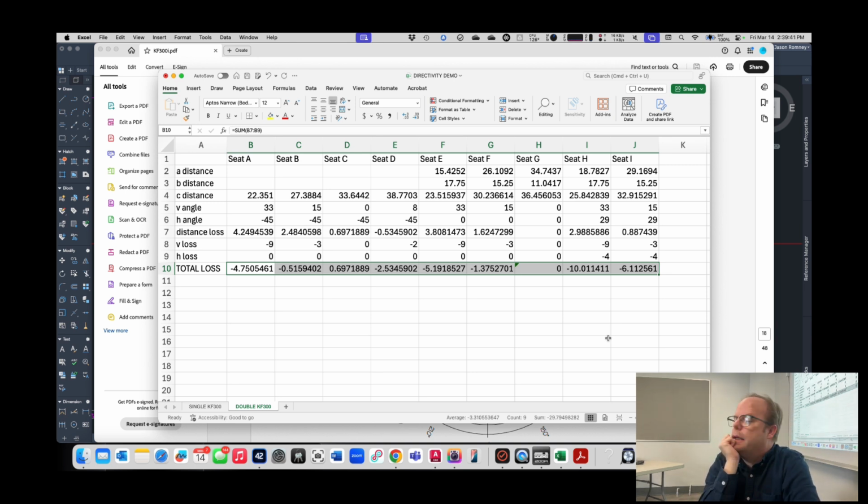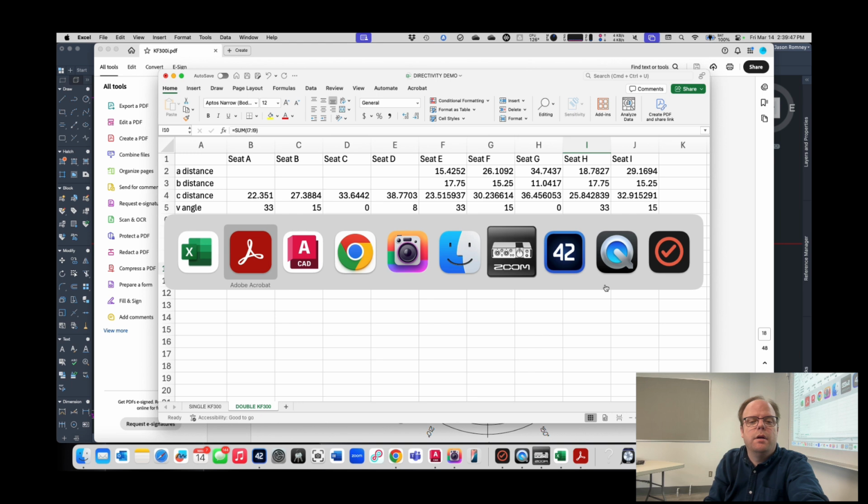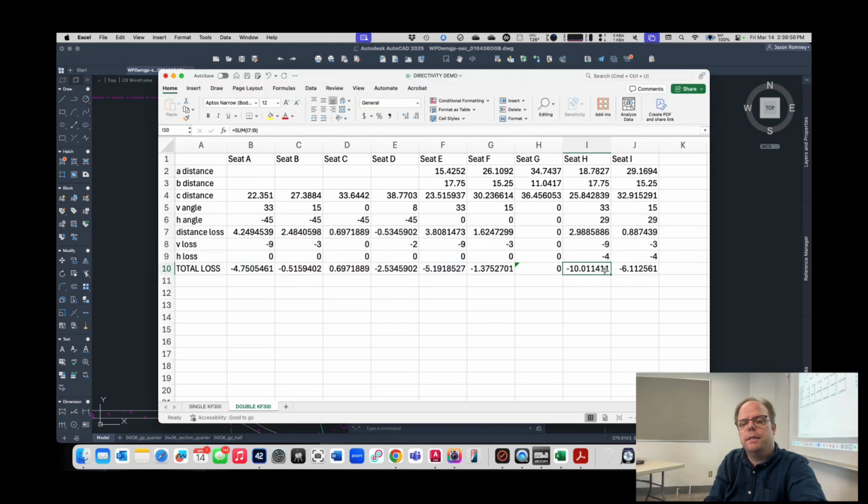Okay? I am within 6 dB for every seat except seat H. And seat H is this really extreme front row seat. And my guess is that it won't be quite that much because, again, I'm summing that vertical to horizontal, and in real life it'll be somewhere in between.